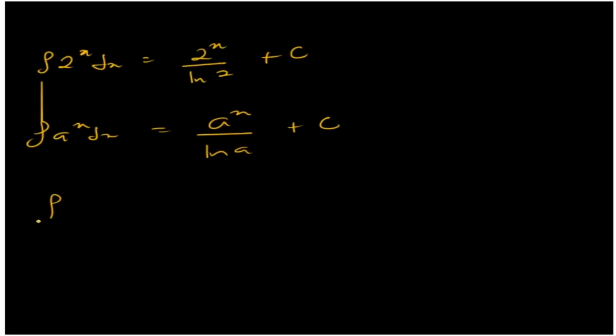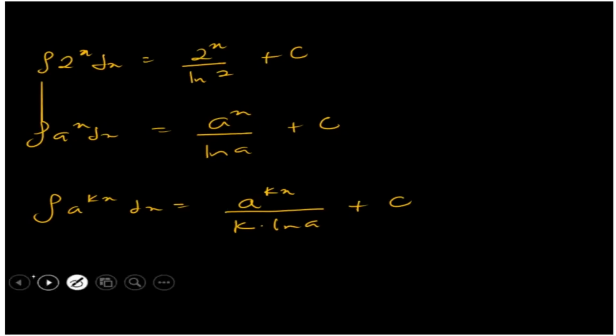So if you have the integral of a to the power of kx, what if you have a coefficient in front of that x? Then it is a to the power of kx over k times ln a plus c.